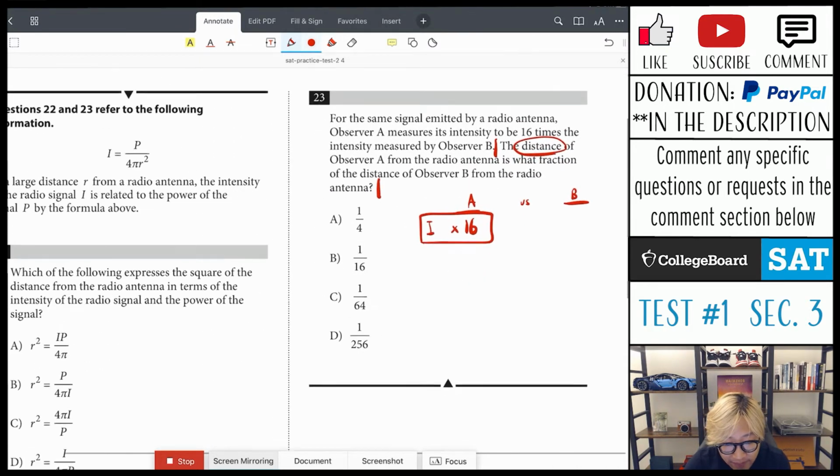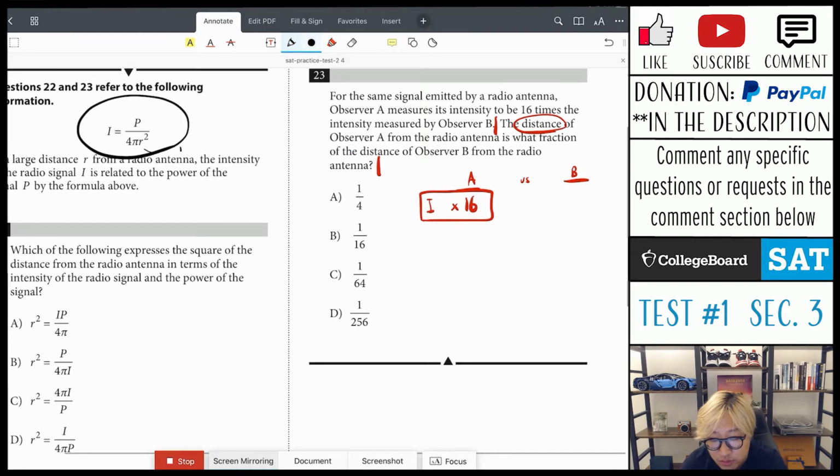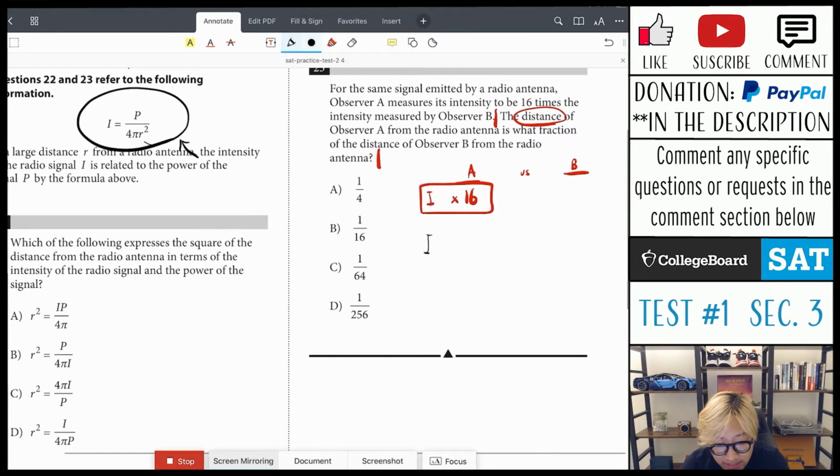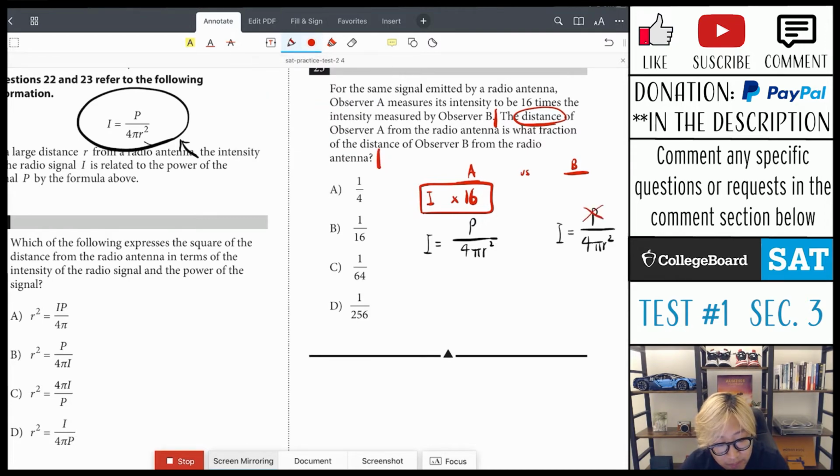Let's just think of it this way. They are both calculated using this equation. So intensity is equal to P over 4 pi R squared, and also over here, intensity is equal to P over 4 pi R squared. We don't have to worry about the P because they never mention anything about the P. Don't worry about the 4 or the pi.